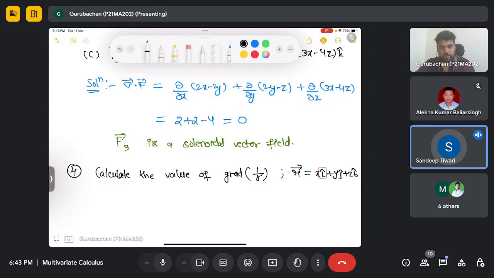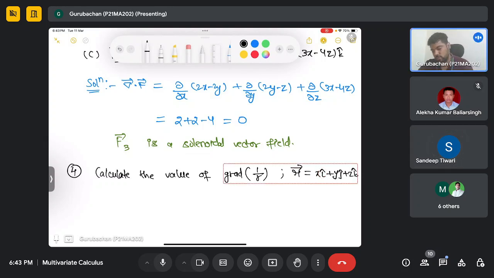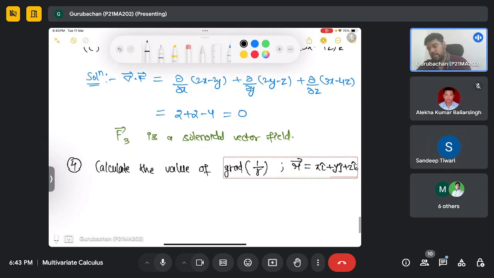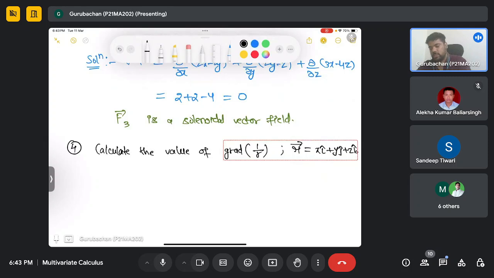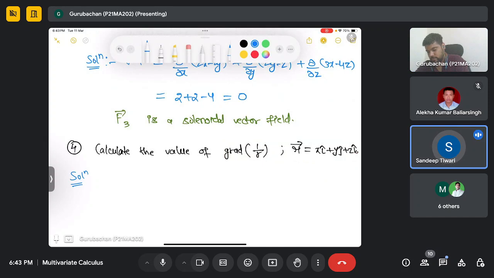The options include minus r upon r cube. You haven't mentioned whether minus r is a vector or r cube is a scalar. Minus r is a vector in the numerator, and the denominator is a scalar.